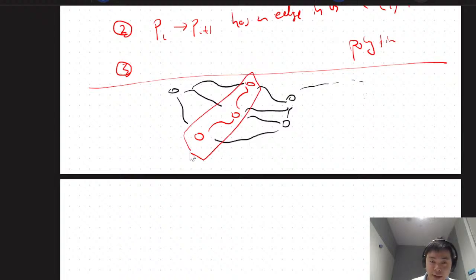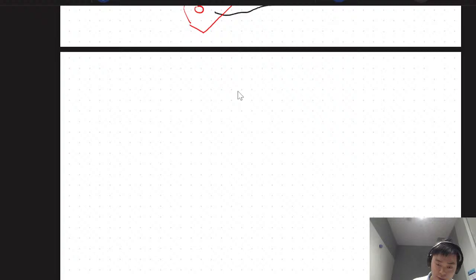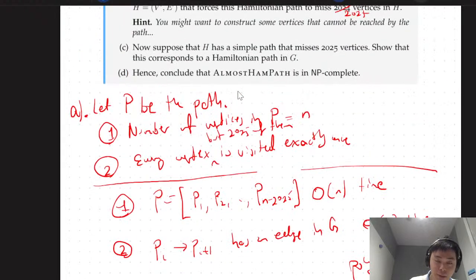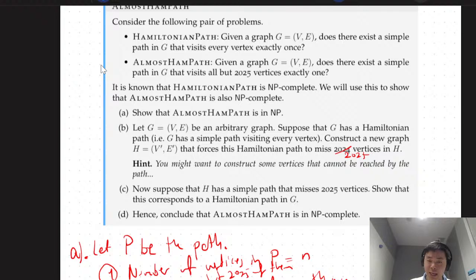Checking that it's a path is easy, because you just check that every pair of consecutive vertices share an edge, and then you just have to check that 2025 of them are not in the path. All of this can be done in polynomial time. So the problem is in NP. Okay, so that's the easy part. The hard part now is to show the reduction. Now we're going to show that it's NP hard by essentially reducing from the Hamiltonian path.